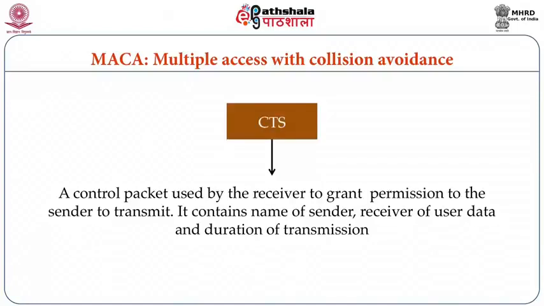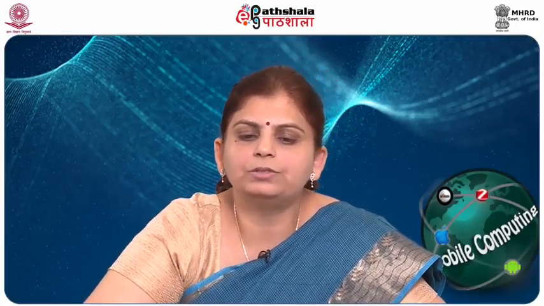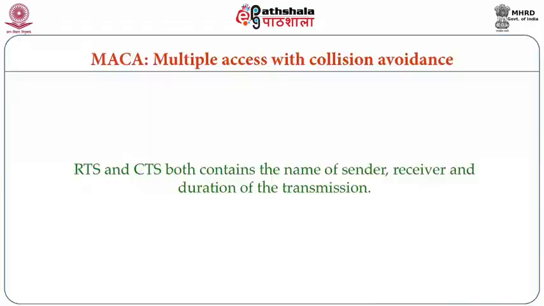CTS is a control packet used by the receiver to grant permission to the sender to transmit. Now what information do this RTS and CTS hold and how can these be used to solve the problem of hidden and exposed terminals?